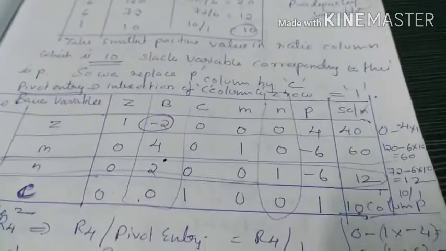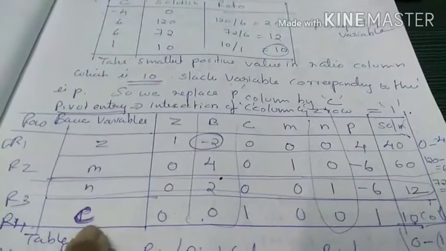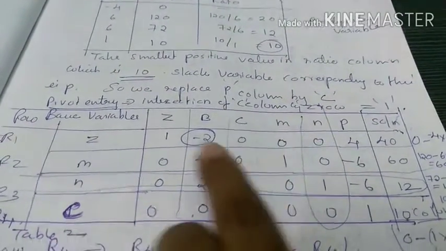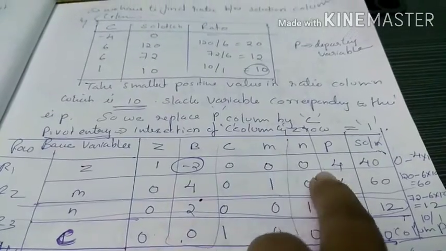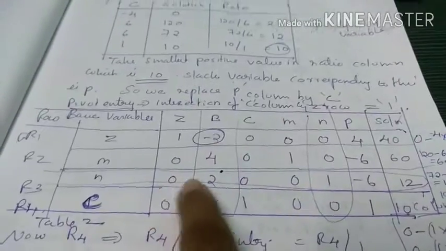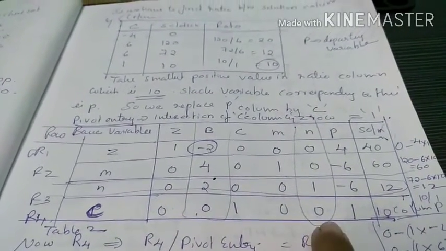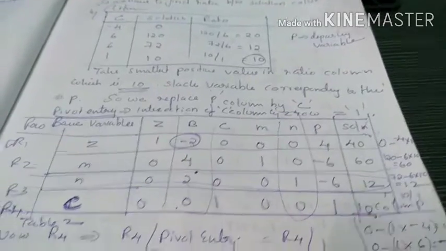Similarly, we have to find all the values here. This is very simple. So we get the next table as Z, M, N, and we replace P by C here: 1, minus 2, 0, 0, 0, 4, 40; 0, 4, 0, 1, 0, minus 6, 60; 0, 2, 0, 0, 1, minus 6, 12; and 0, 0, 1, 0, 0, 1, 10.